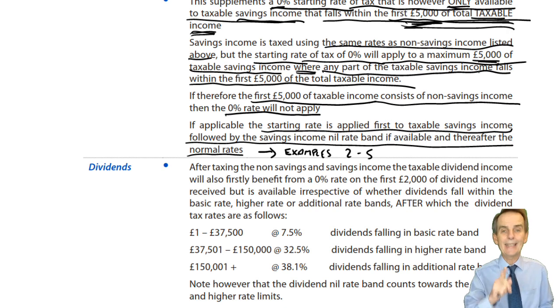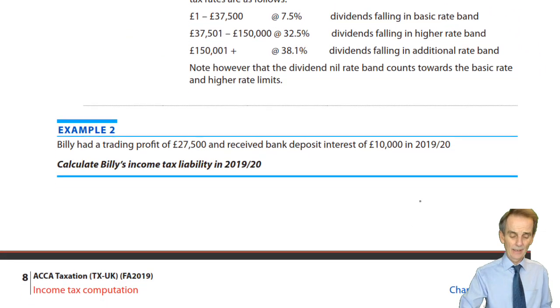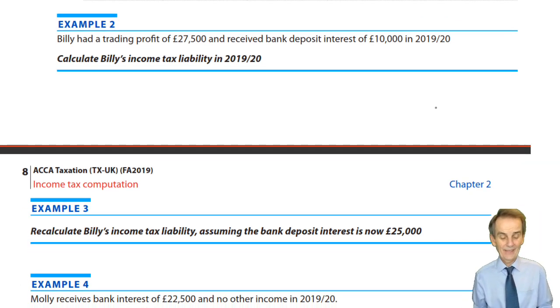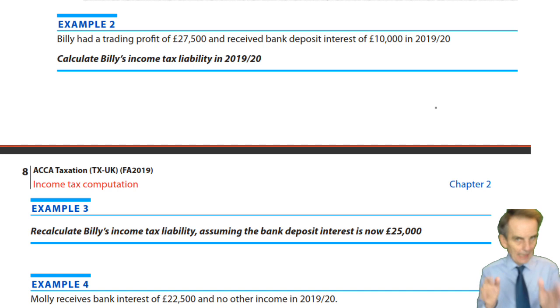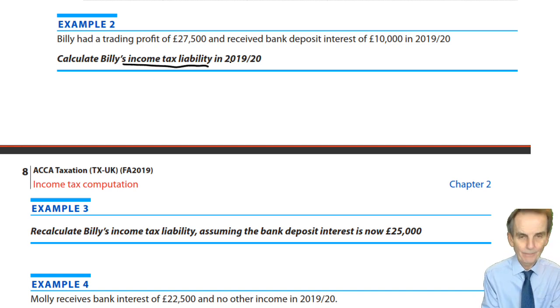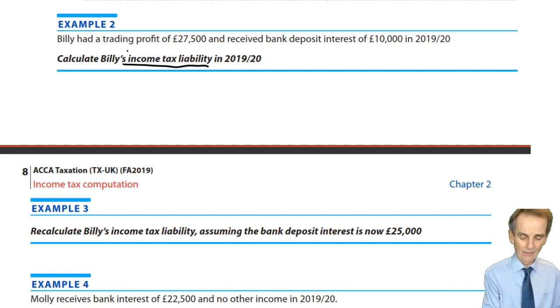Right, to illustrate that now, leave aside the dividend income for a moment. Let's have a little look at example 2, where Billy had... Now again, in a question, what do we look at first? The requirement. Obviously here, income tax liability for our tax year. Then what type of income do we have?